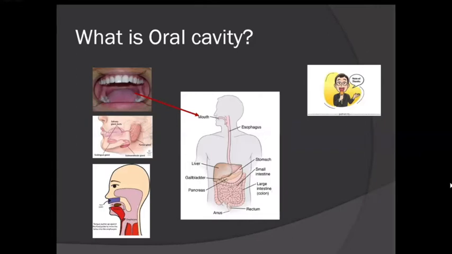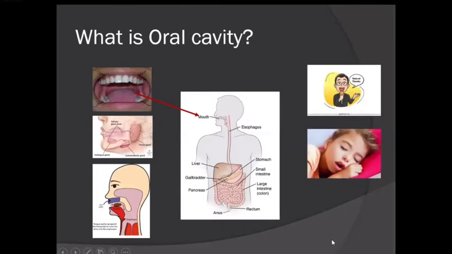Okay, now, after articulation of speech, another important function is, can you guess what this is? You can see the mouth open here, and this kid is having his respiration through the mouth.